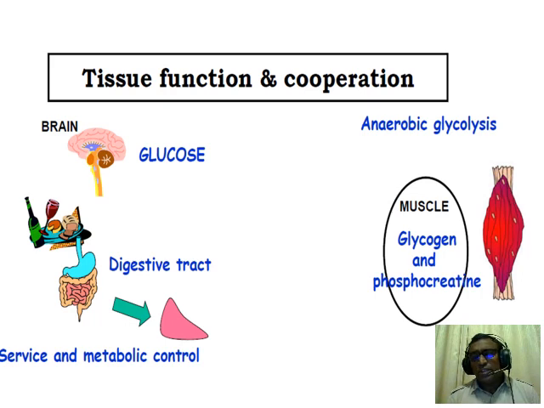It also can use phosphocreatinine. We later look into the meaning of phosphocreatinine. So that's the receiver. The glycogen found in muscle cannot be converted to glucose and enter the bloodstream. The glycogen is only meant for muscle usage.